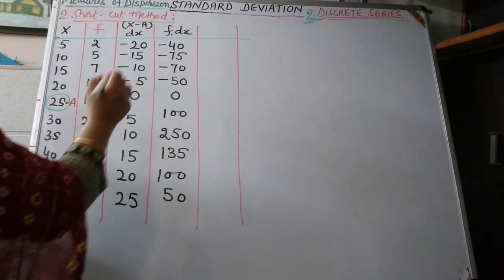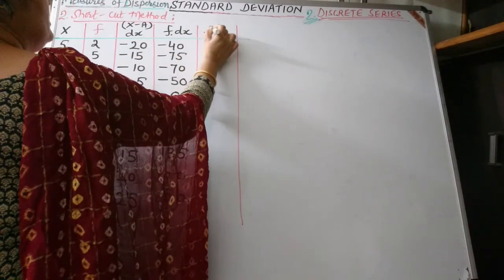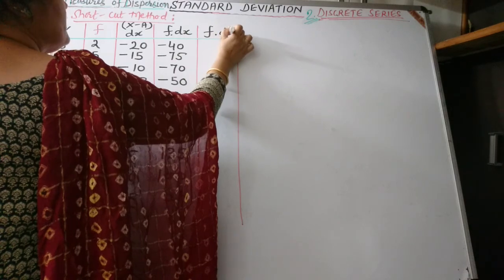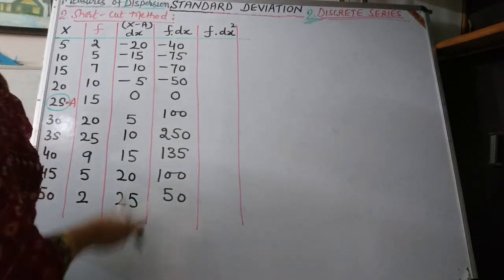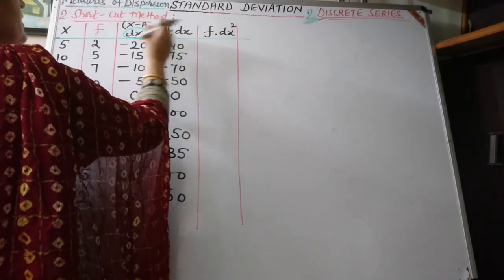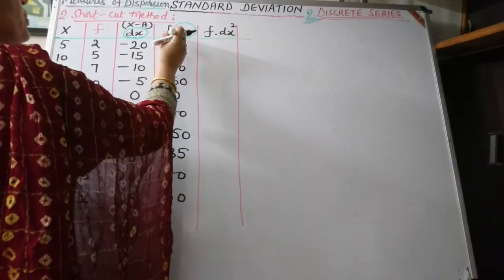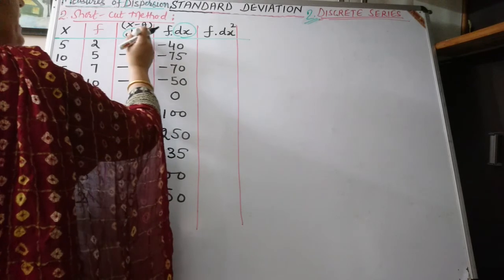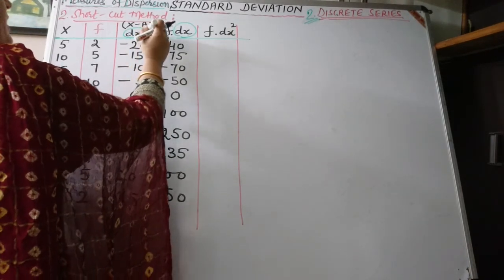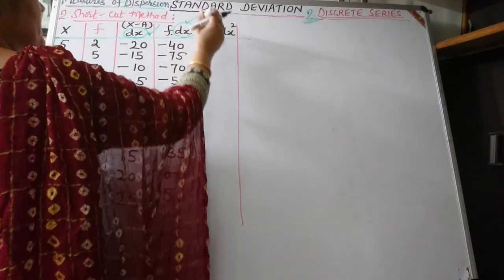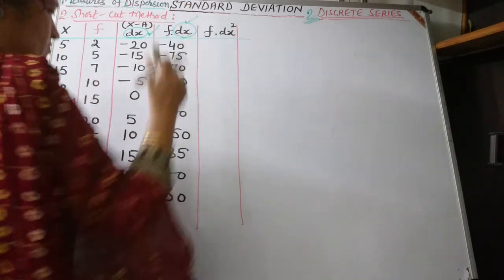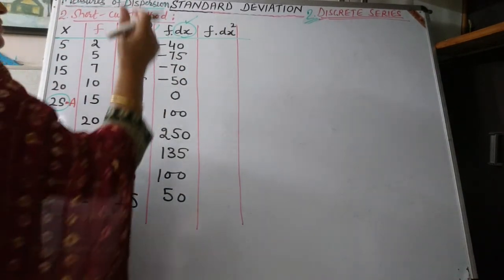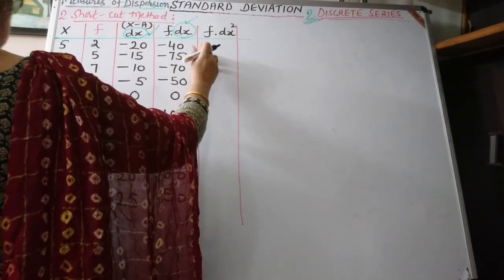Next we have to calculate frequency multiplied by dx square. For the calculation, one dx is here, another dx is here. So if we multiply dx with f dx, then the calculation will be f multiplied by dx square. Let us see the calculation.